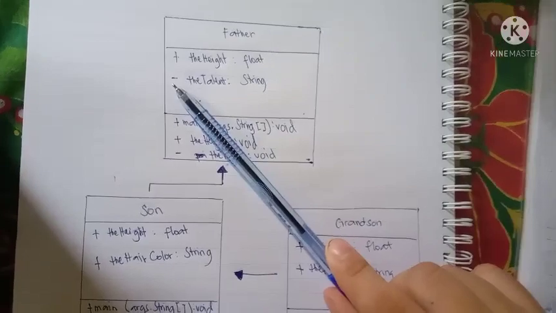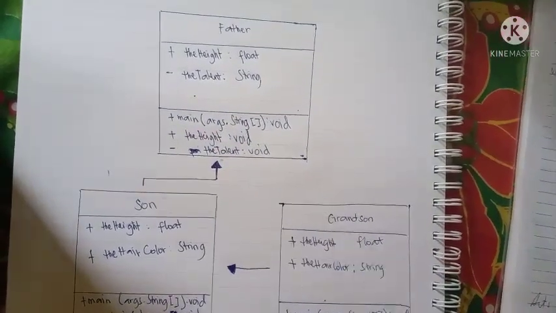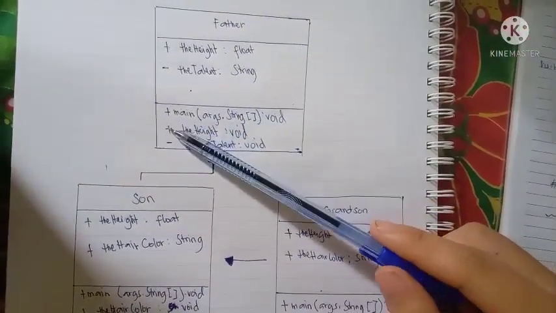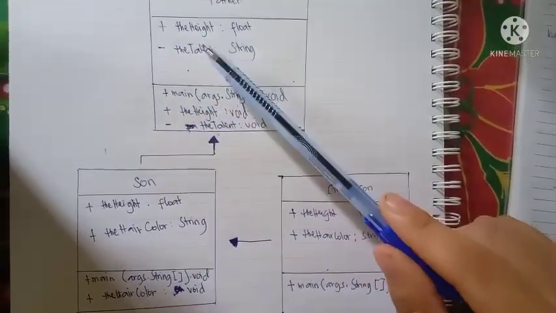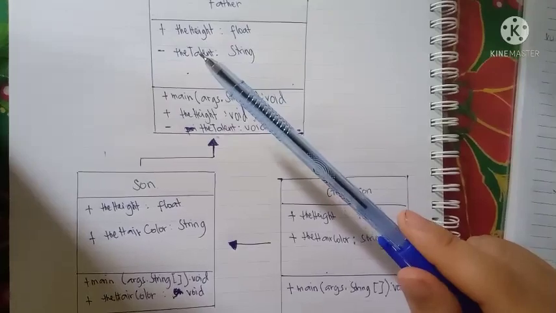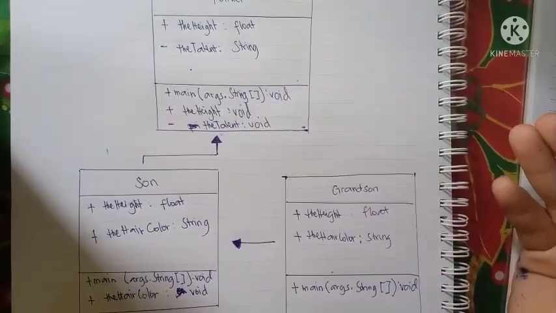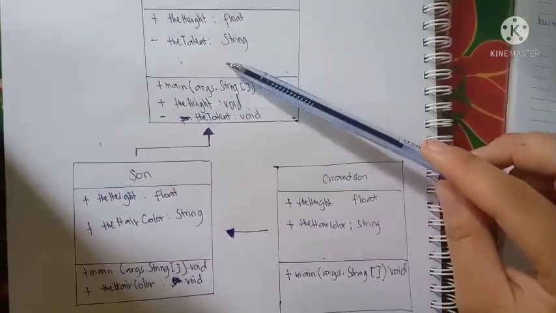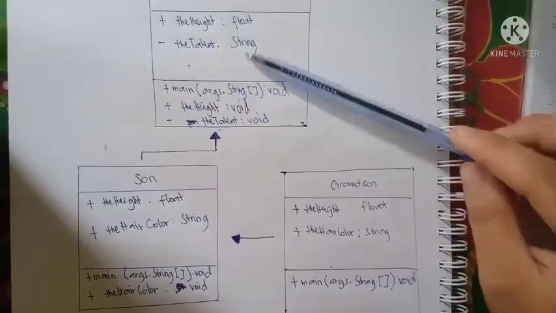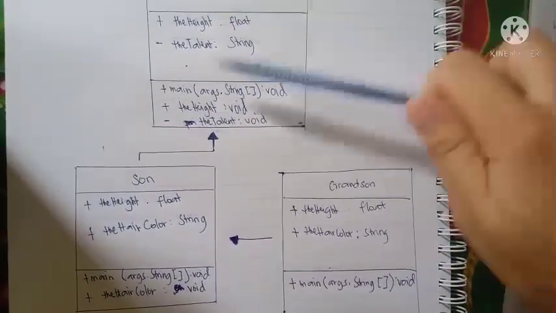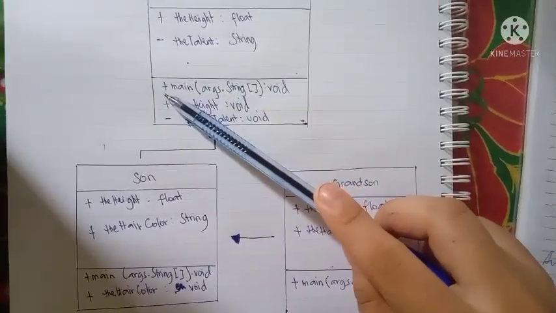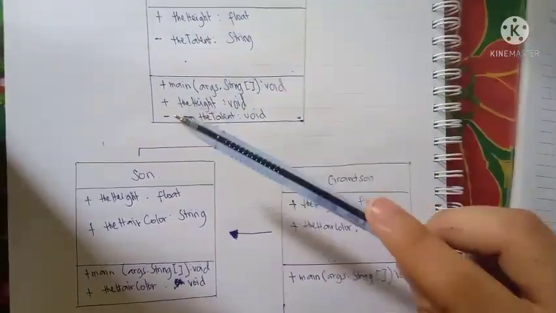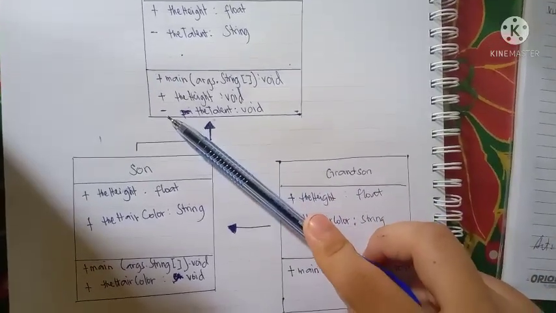And the minus marks each attribute or method that is private, which can't be accessed by any other class or subclass, so it is only available in this class. In this class, which is the father, the method will be plus, which is public, and here is private.